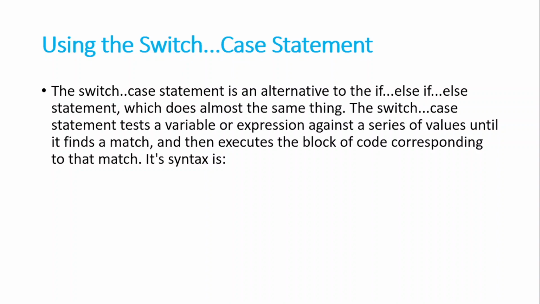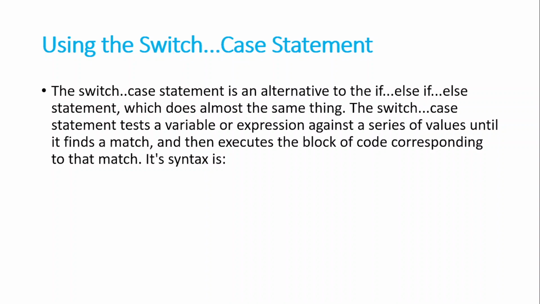I'll show you the example. The switch case statement tests a variable or expression against a series of values until it finds a match. So we can basically check one expression or one variable, and test that variable against multiple values. For example, we have age.